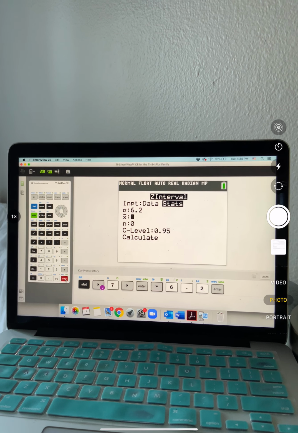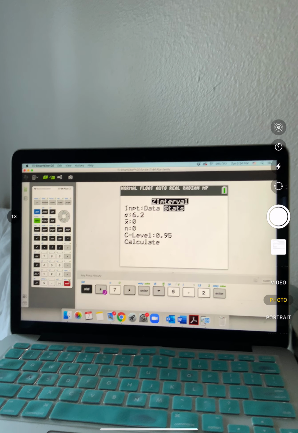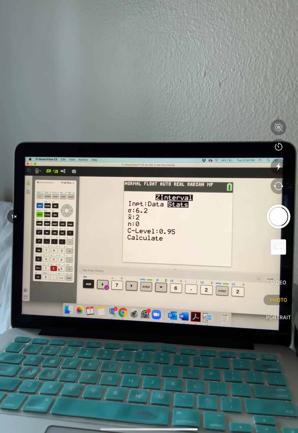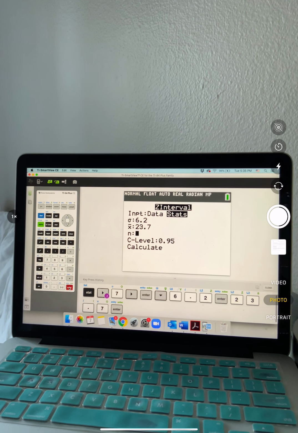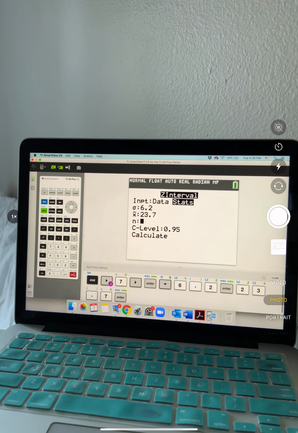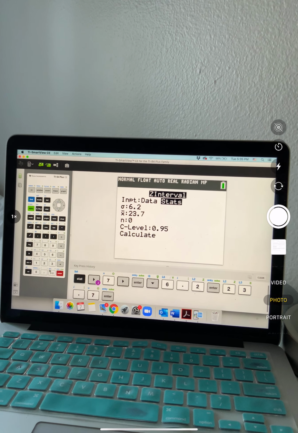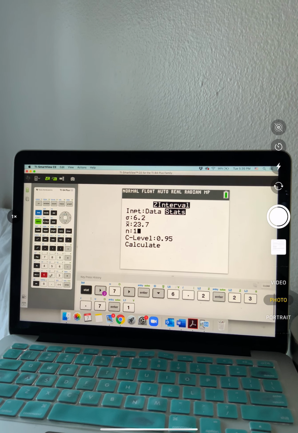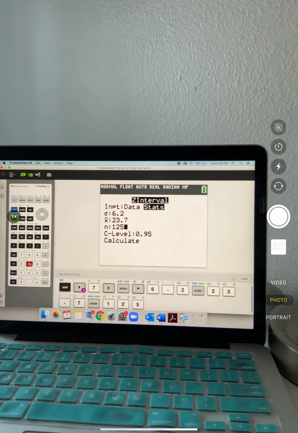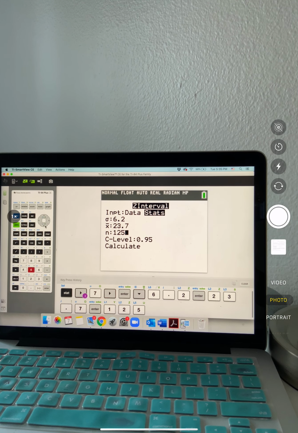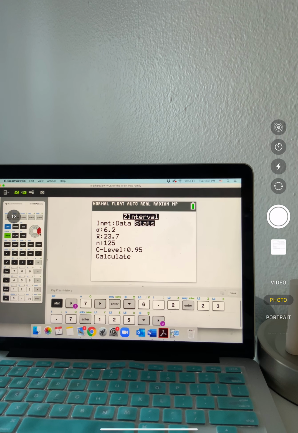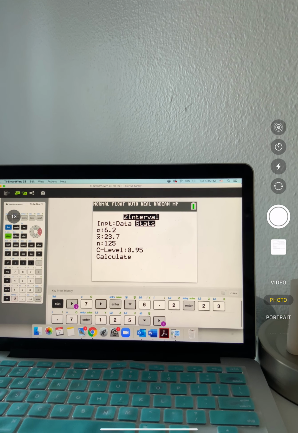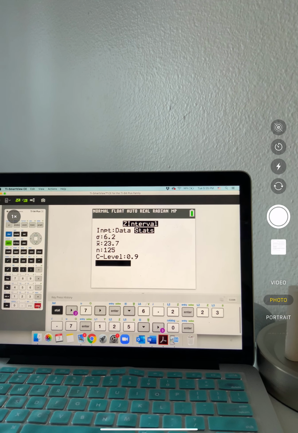X bar was 23.7. And then the sample size, it was how many? 125. And then C level is your confidence level. They wanted you to use 90%. Your calculator will always set it as 95, but just change to 90 and calculate, and that's it.